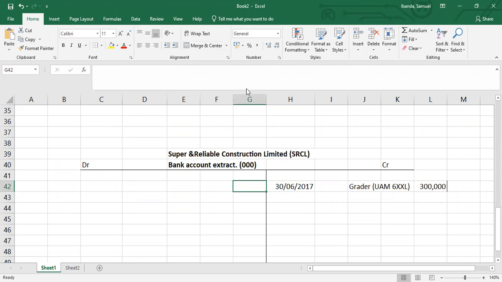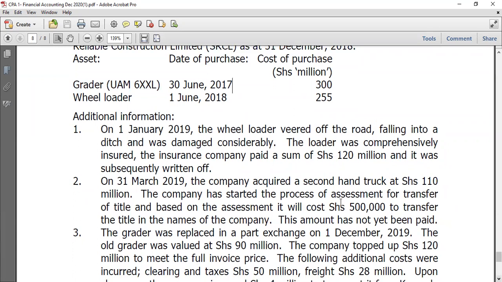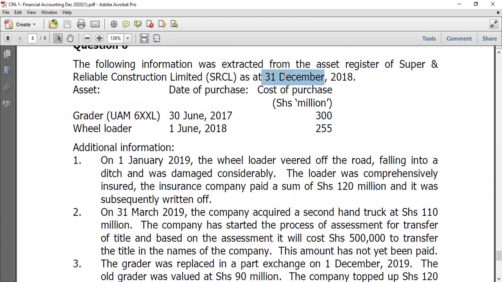Remember, we are doing it from 2017, okay? Now, remember, their financial year ends at 31st December 2018.